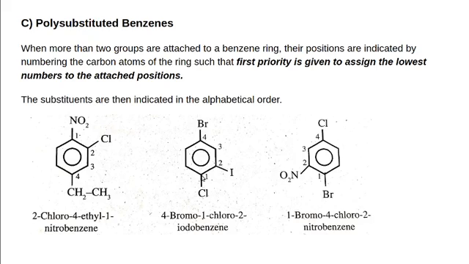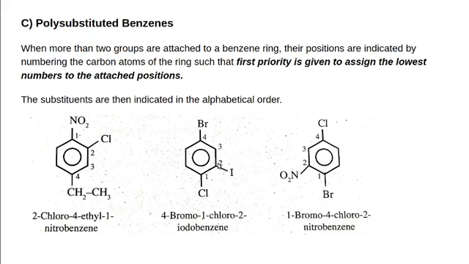Then if we number this way, 1, 2, 3 and 4, the numbers will be 1, 4, 2 and 4. The sum will be low. I think you have learned the lowest sum rule in your plus 2 classes.